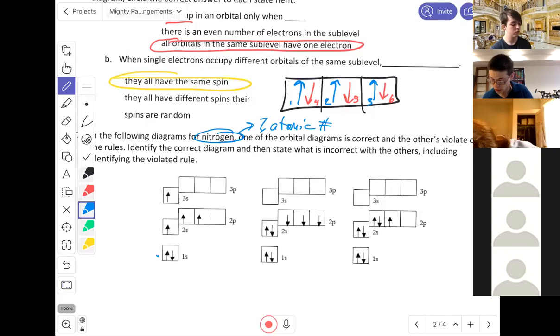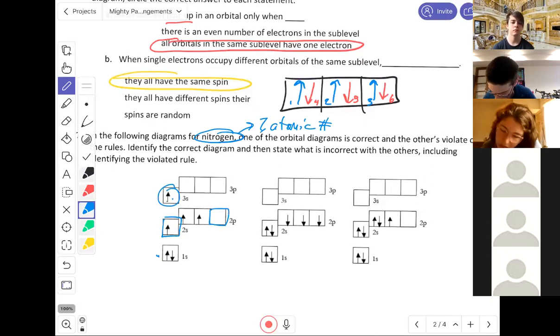So looking at this first one, there are multiple things wrong with it. Name something. They didn't fill up before they moved on to the right energy levels. That one should not be there because I've got an empty space here that should be filled before this, and an empty space here that should be filled before this.